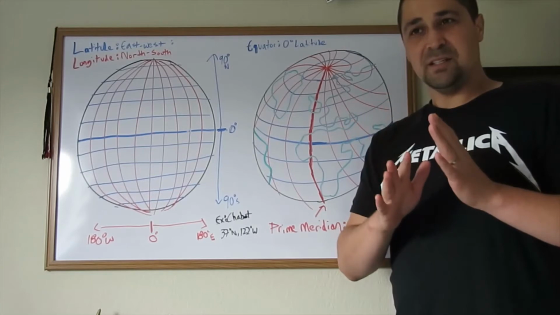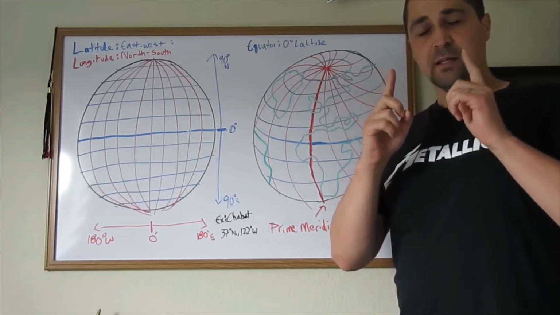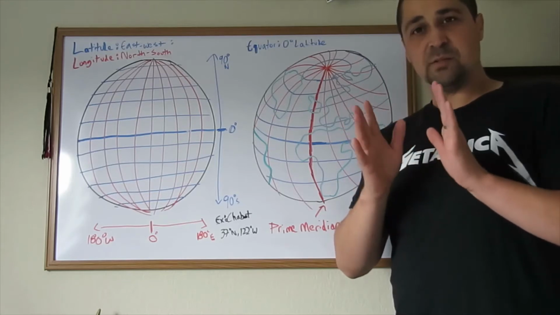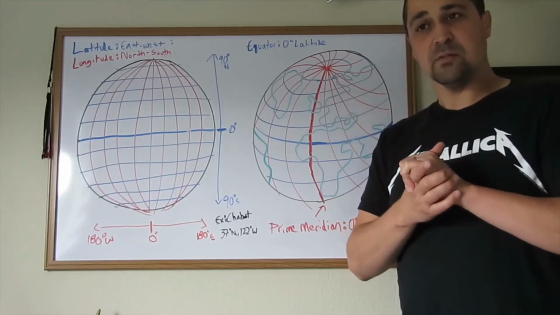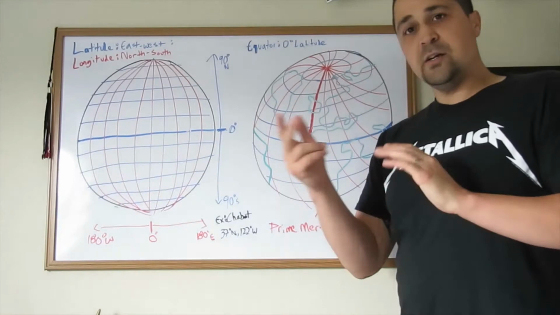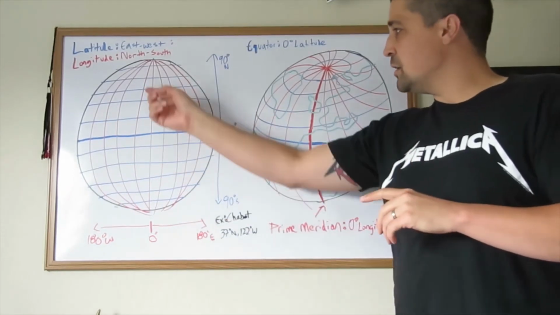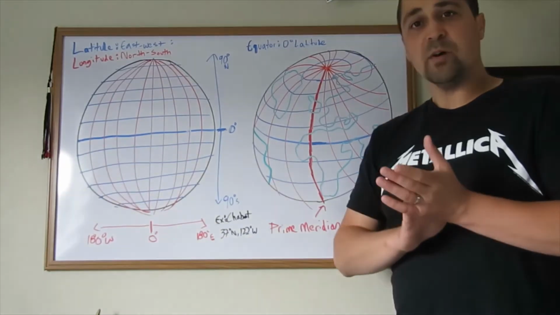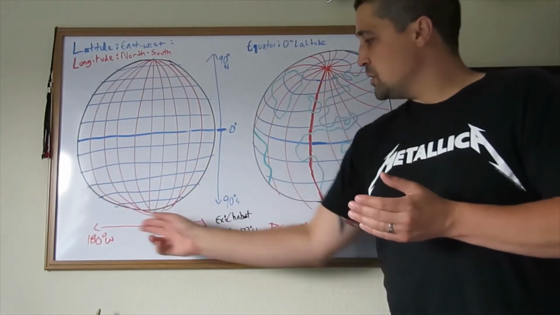I'll explain that more in the video as we get to that. But on the opposite side, 180 degrees, international date line for longitude, and on the 0 degree side would be the prime meridian. Either direction, 180 degrees.